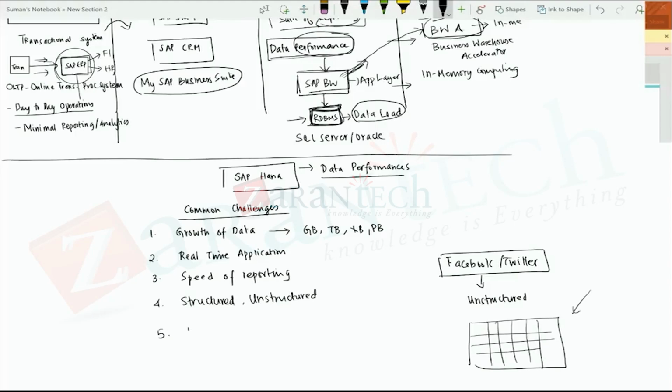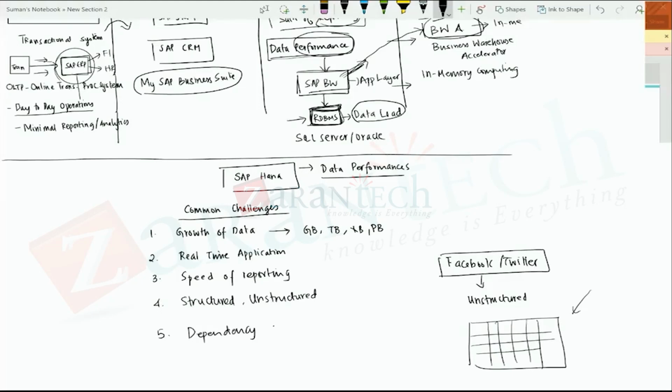The report has to be developed by the IT. So the dependency on IT is another big challenge, because if the IT team is also working on 3 other projects, they have to now prioritize what is important and how soon they can deliver this report. So the dependency on the IT team is also becoming a big challenge for organizations.